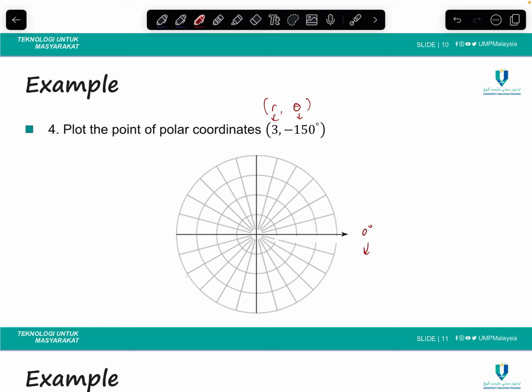So if you have 0 here, this becomes -90, this is -180 and -270. We want to look at -150. So here is -120 in the middle, and this is -150. Now we found the direction. It is at -150 degrees.